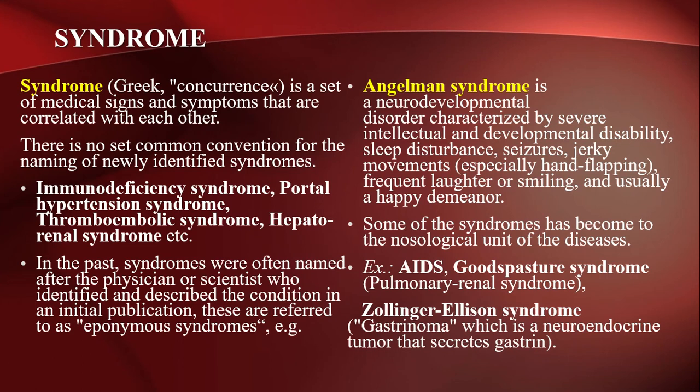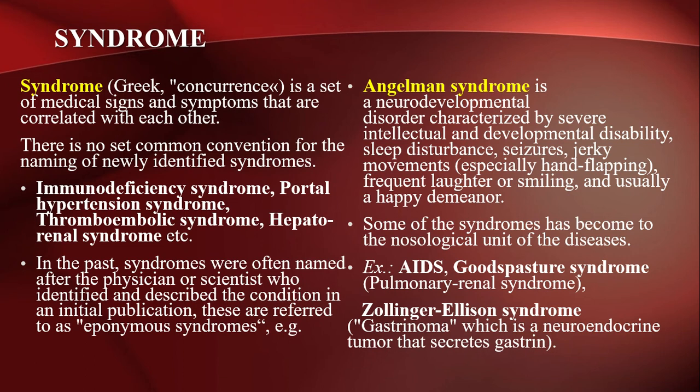We use in medicine some terms like syndrome and symptoms. Let us differentiate. What does syndrome mean? Syndrome, from Greek, meaning concurrence, is a set of medical signs and symptoms that are correlated with each other. There is no set common convention for the naming of newly identified syndromes.